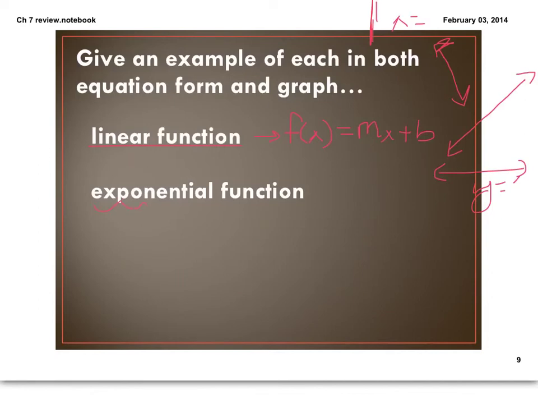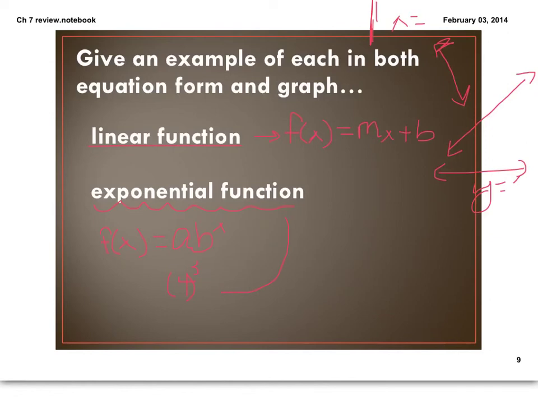But exponential functions look different. That would be f of x is equal to a b to the x power. So you're going to also look at graphs for exponential functions. Remember, if I have some type of whole number, so let's say 4 to the third power, anything in here is a whole number, I'm going to get some type of exponential function that does this.